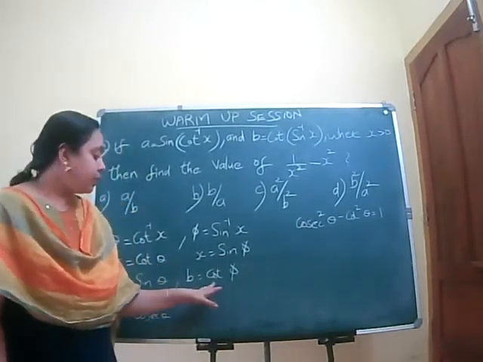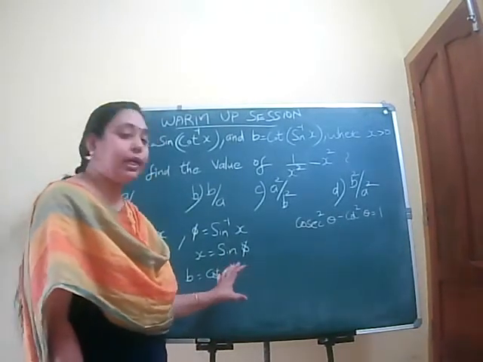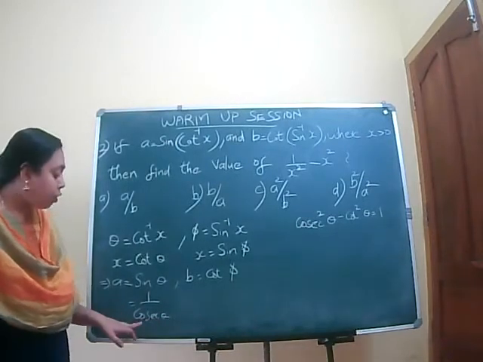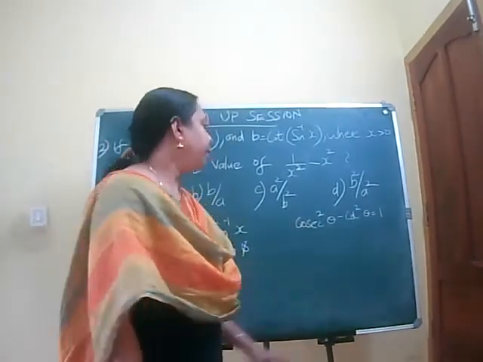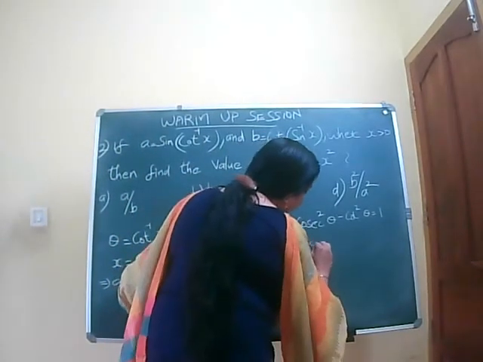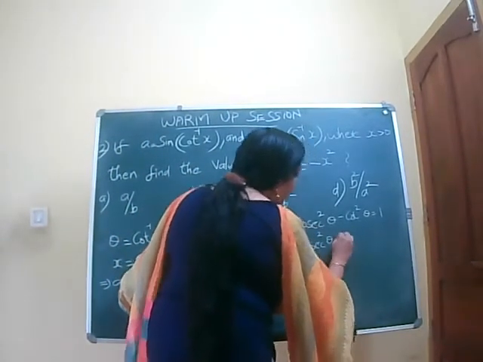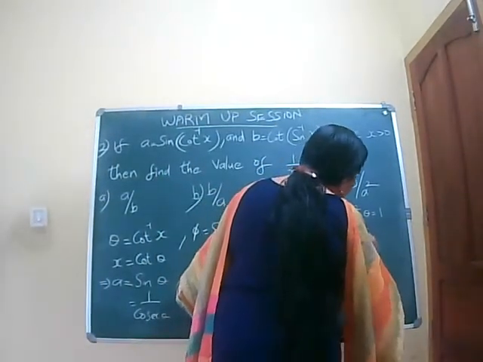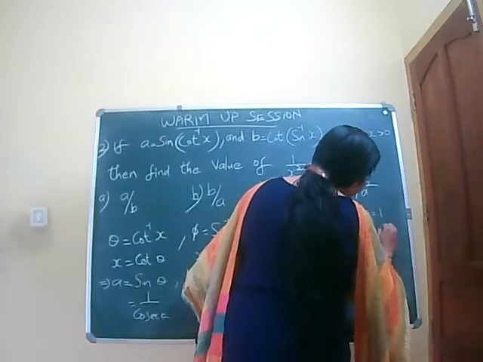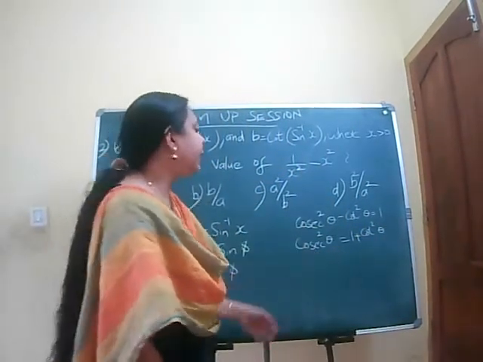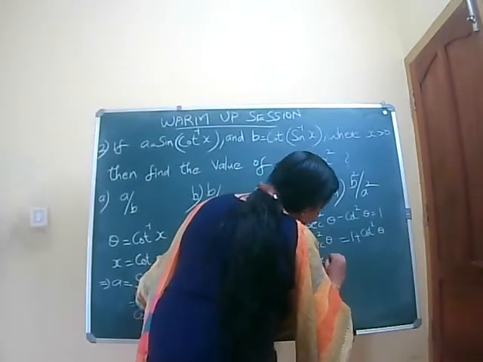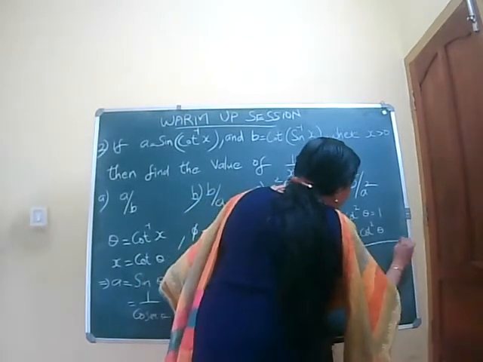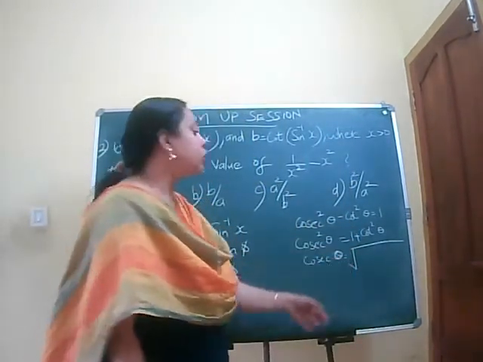Here no need to change cot theta, cot phi. Now find out the value of cosec theta from here. We get cosec square theta is 1 plus cot square theta, so cosec theta is square root of 1 plus cot square theta.